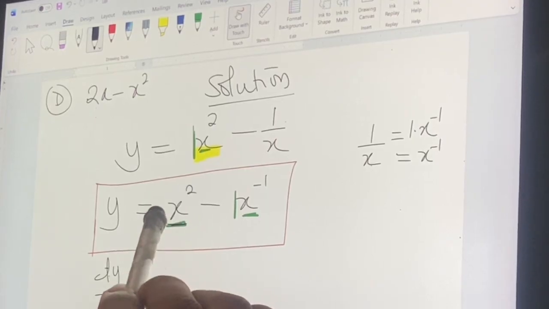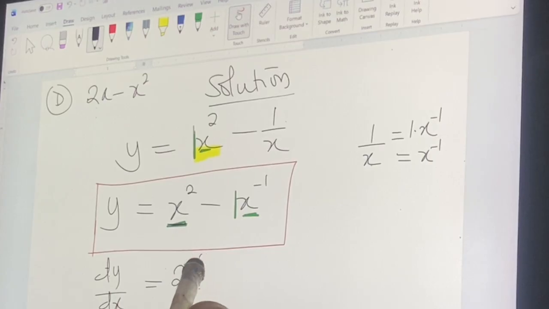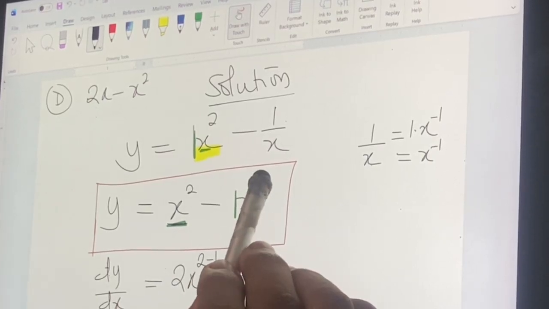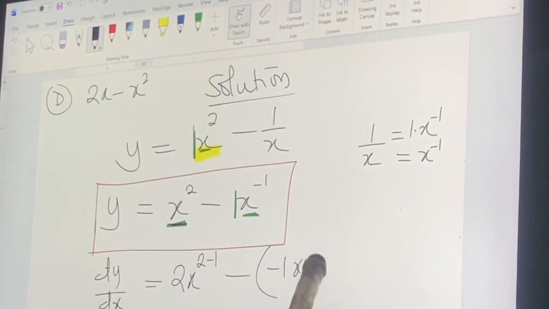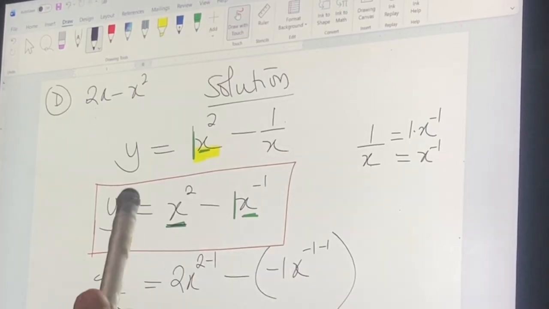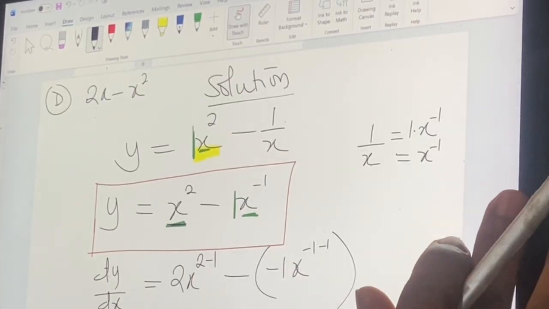Take the power down to the base, subtract 1 from the power. This is going to be 2 of s raised to 2 minus 1. Okay, minus, take the power down to the base. The power here is minus 1. Subtract 1 from it. There's a minus here, so this is going to be minus 1 of s raised to the power of minus 1 minus 1. All right, the reason for this bracket here is because of this negative here. Please take note. So let's simplify here.